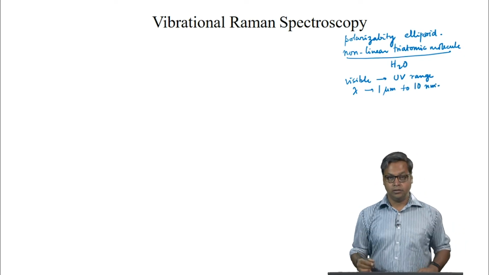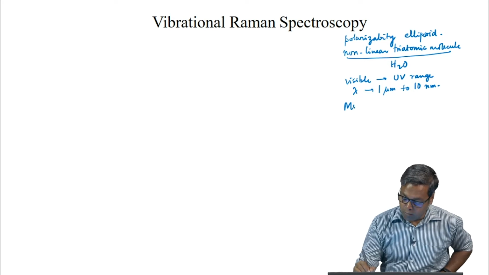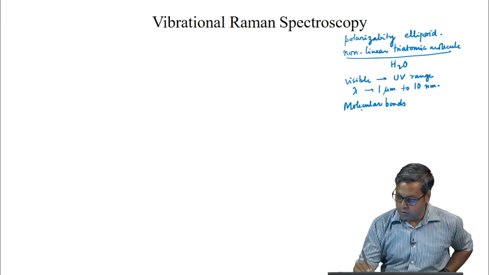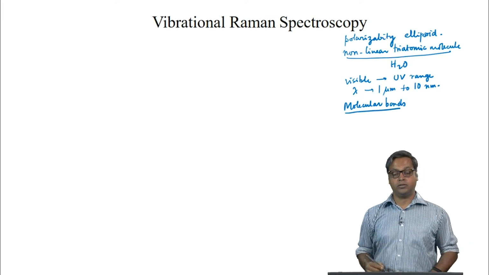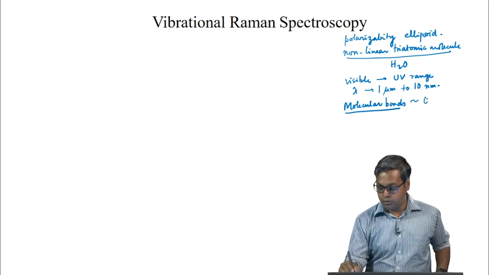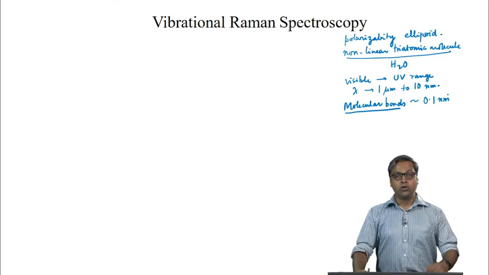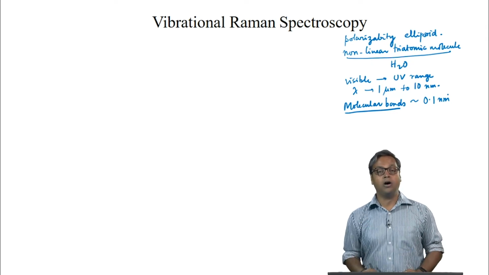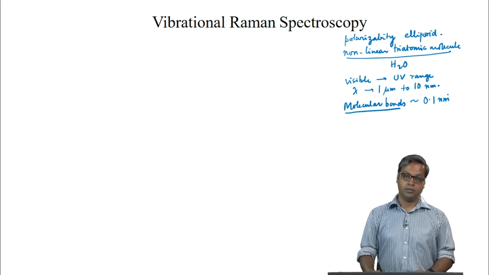On the other hand, the molecular bonds have dimensions of around 0.1 nanometer. So, the radiation cannot probe the finer details of bond polarizability.